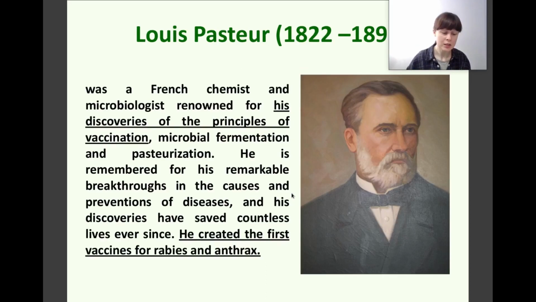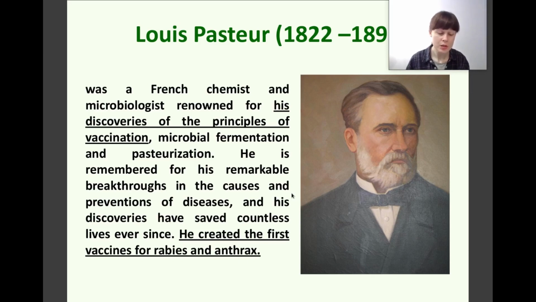In the second half of the 19th century, the scientific principles of obtaining vaccines were developed by Louis Pasteur. He developed vaccines against anthrax, rabies, cholera, and suggested that the term vaccination be named after Edward Jenner.